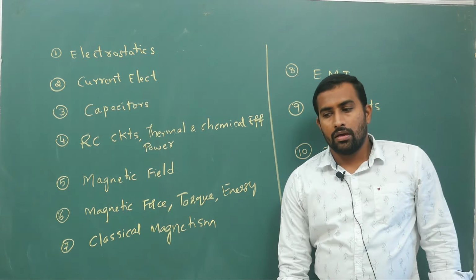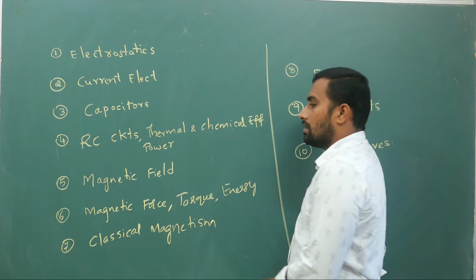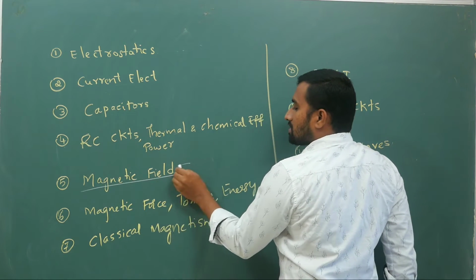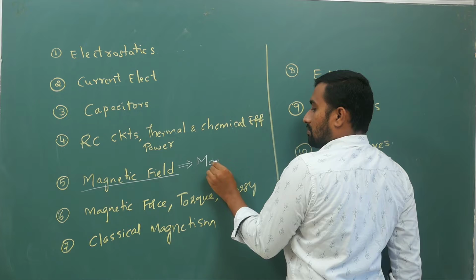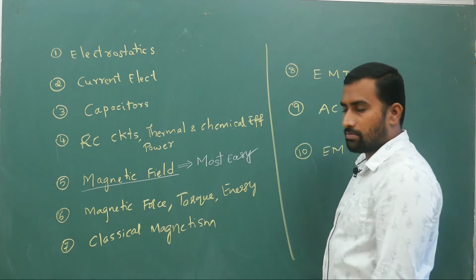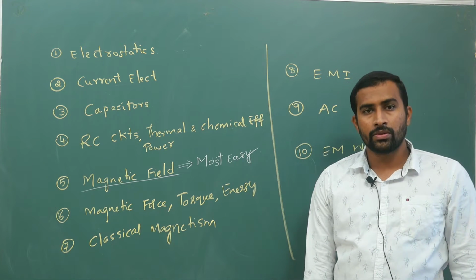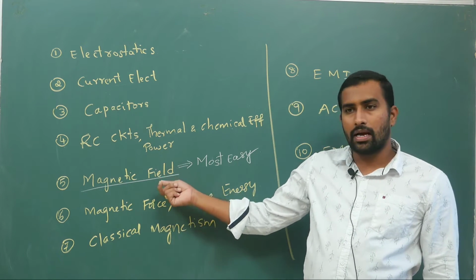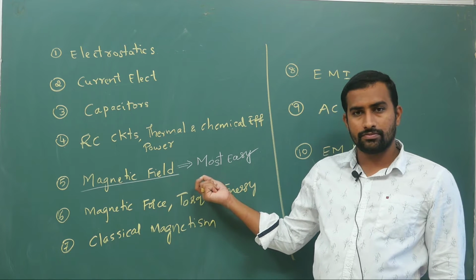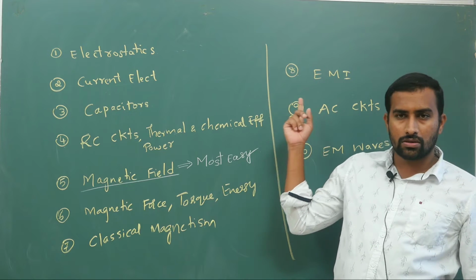Now from the IIT JEE Mains point of view, this is the easiest question that comes in every paper and every entrance exam: calculation of magnetic field. We will use magnetic field calculation in this chapter as well as in electromagnetic induction.